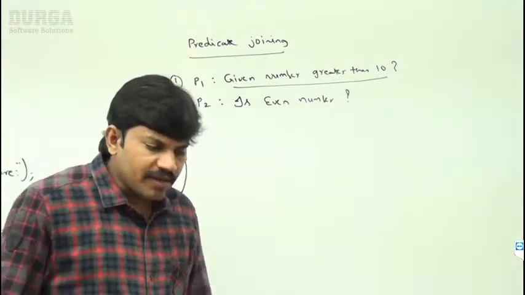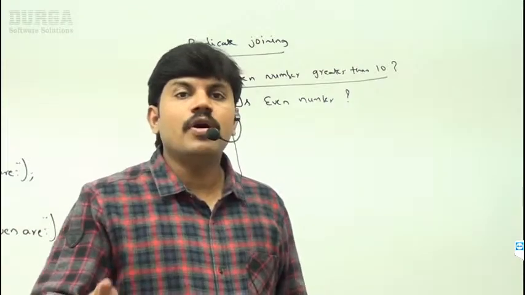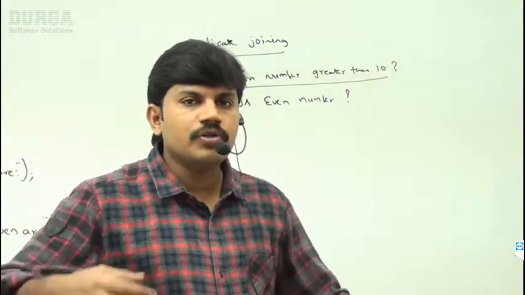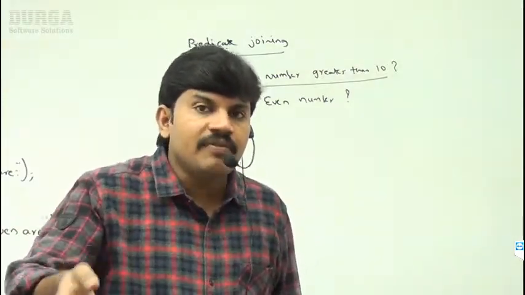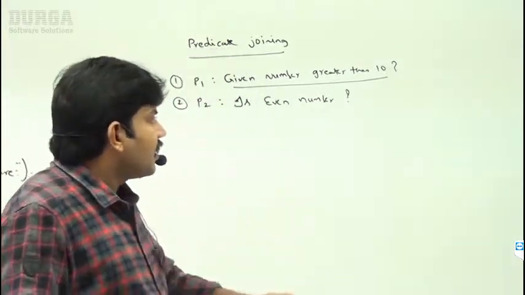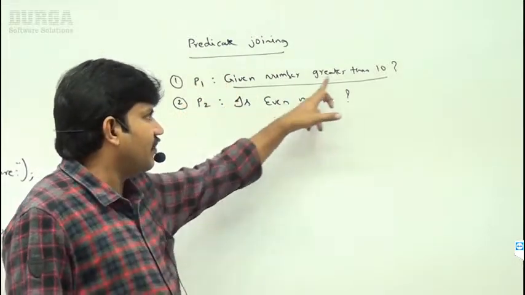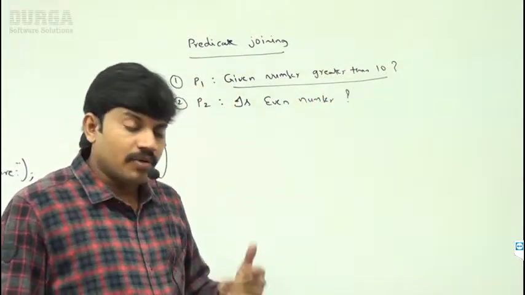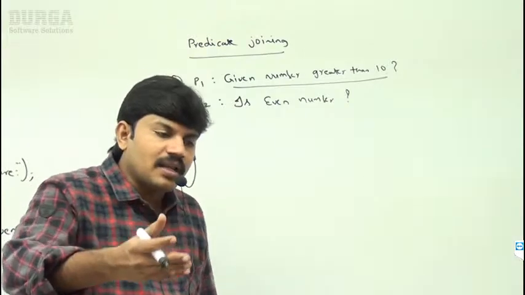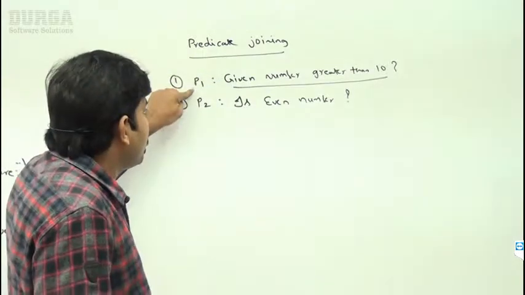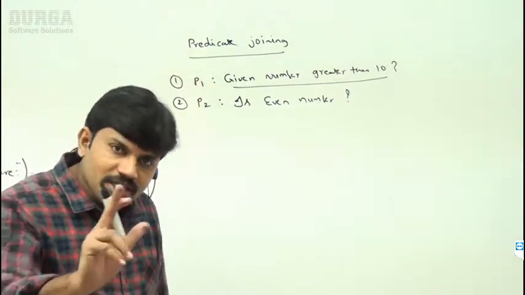Sometimes my requirement is to check whether the given number is not greater than 10. P1 is the predicate to check whether the given number is greater than 10, but my requirement is the complement, the negation of P1. Is it possible?